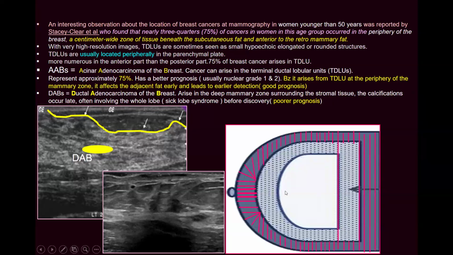So at the periphery of the mammary zone, they found that 75% of cancer arises within this 1 centimeter wide zone of the mammary zone in premenopausal, reproductive, or young women, less than 50.